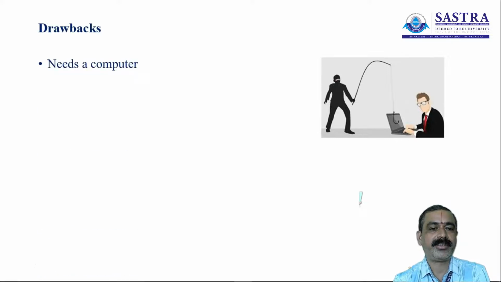Number one drawback is every person needs a computer. Today, every person needs a mobile. But of course, all of the people are having mobile today in 2020. But when internet banking was introduced, the people needed a computer. But everyone was not having a computer at the time. In order to use the internet banking services, all the individuals need a computer and time to log on to the website of the bank.